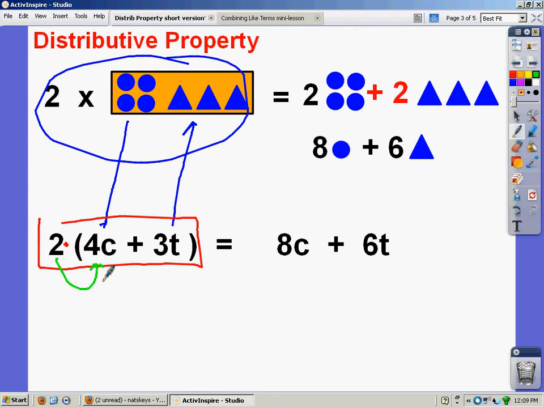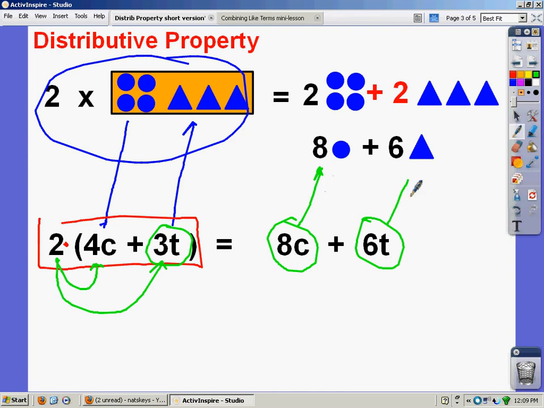So 2 times 4c equals 8c. There's one of the results. Now 2 times, don't forget the second multiplication, 2 times 3t equals 6t, which is exactly a representation of what I have if I was using little pictures of circles and triangles.